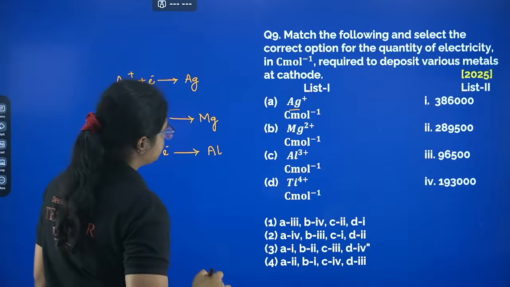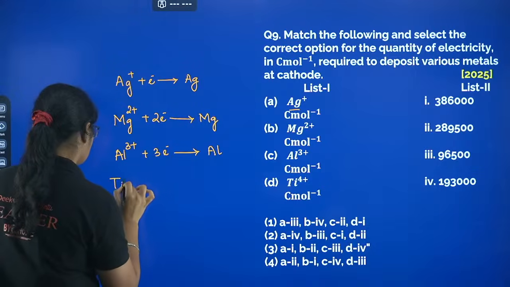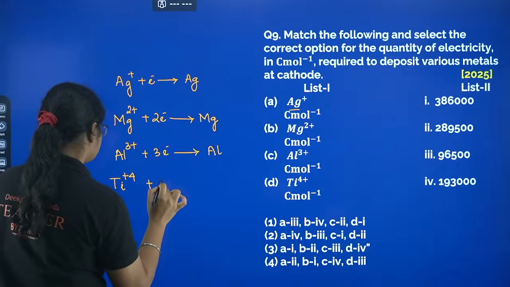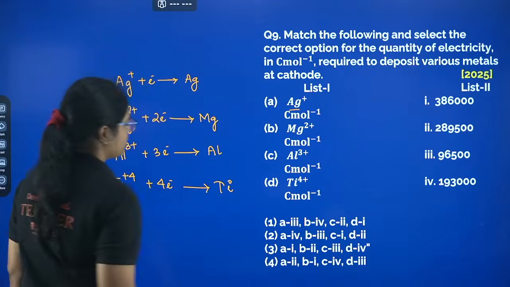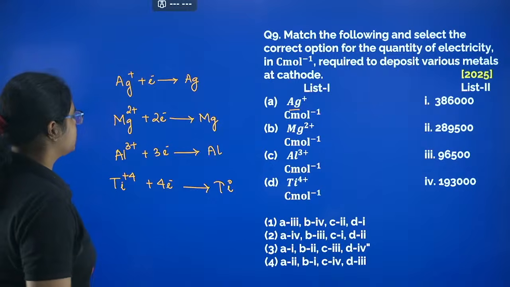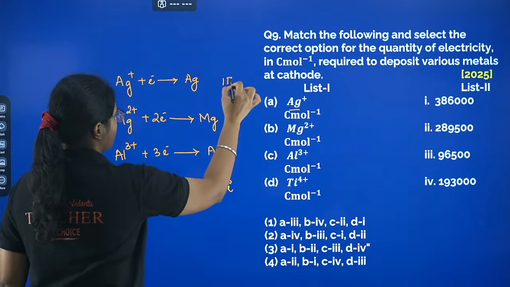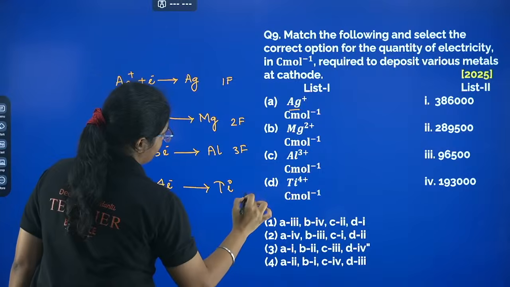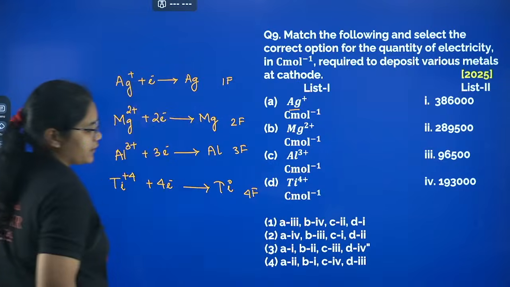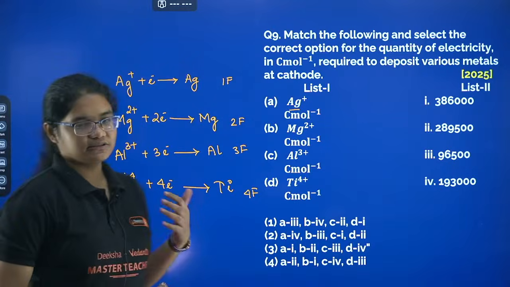Next Ti plus 4, 4 electron gives me Ti, right? So now here you see this is 1 Faraday, this is 2 Faraday, this is 3 Faraday, and this is 4 Faraday.